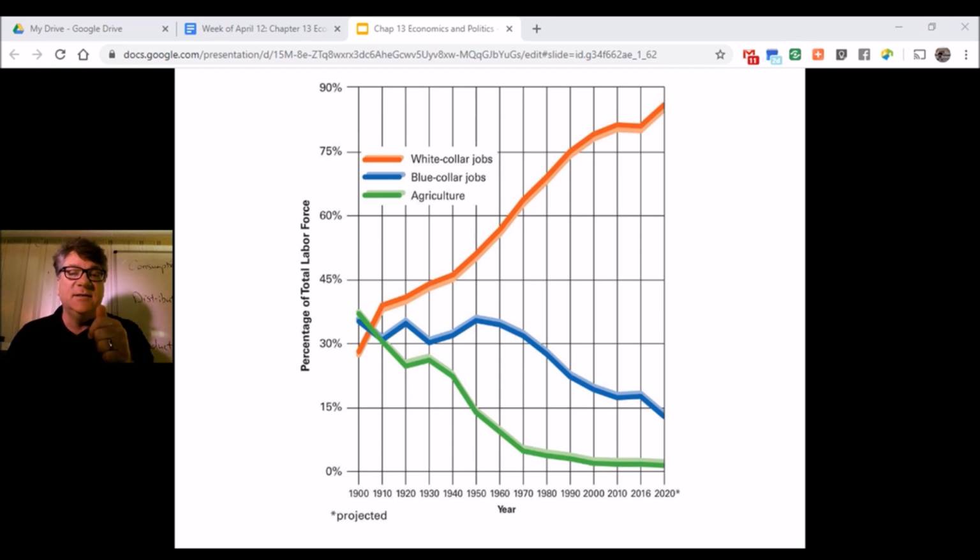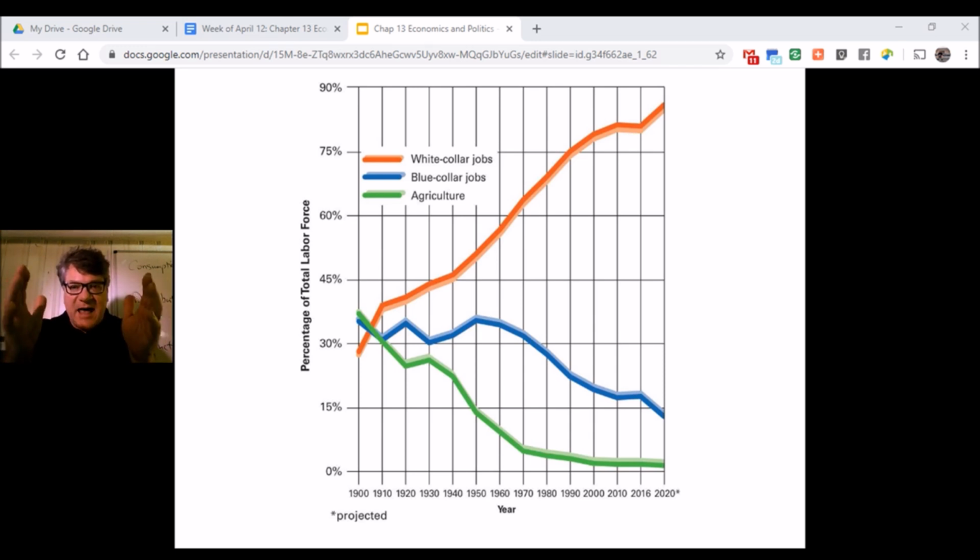Why has the people working in the white collar jobs in the tertiary sector in this country changed so much since 1900? So we've gone from about 30% of people working in that sector in 1900 to now it's well over 80%. That's a huge change.